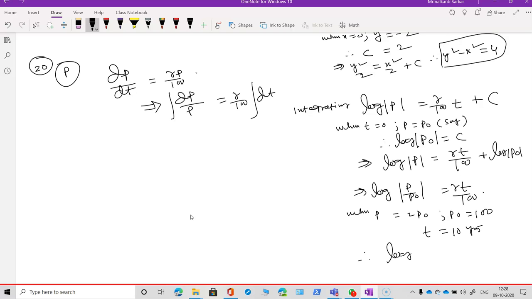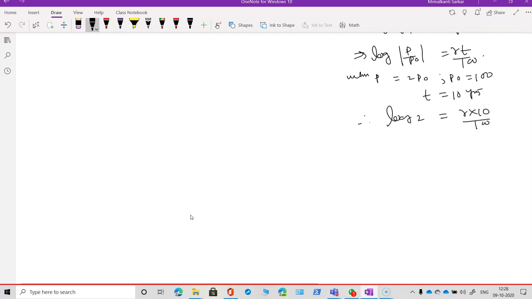So this implies log 2 equal to R into 10 by 100. So R is going to be, they have given the value of log 2 as 0.6931. So it will be 6.93%. R is equal to 6.93%.